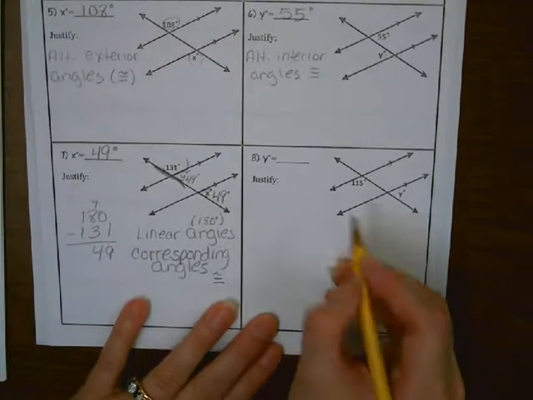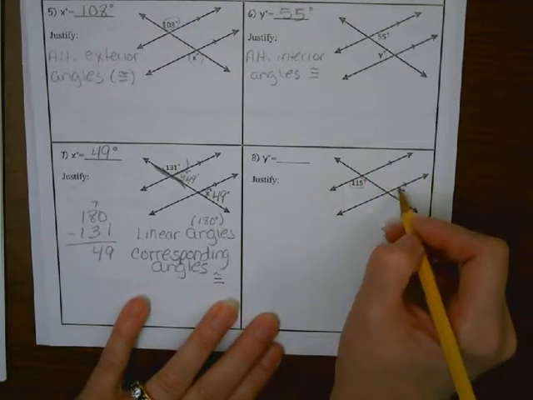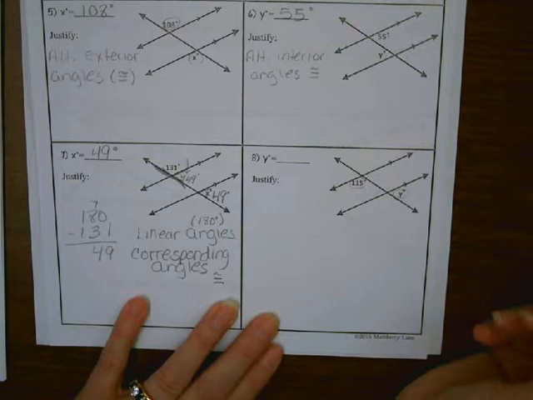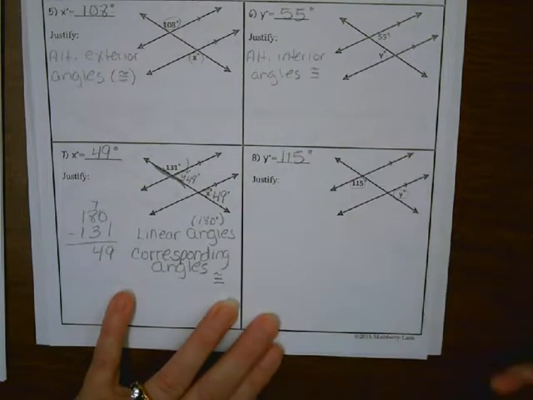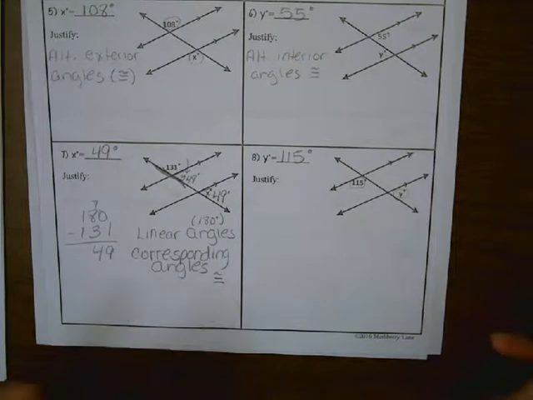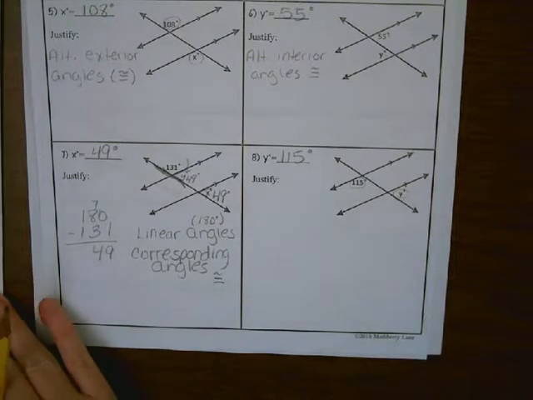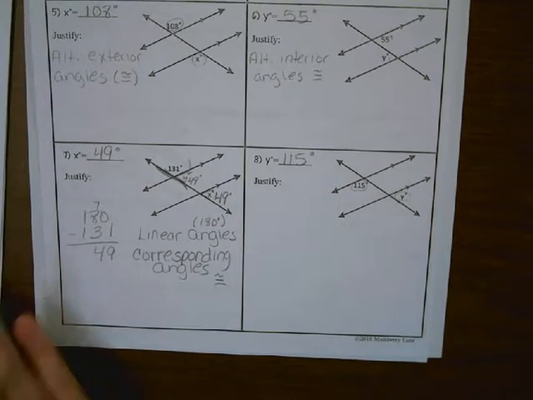All right. What do we have? We have 115 degrees because we have alternate. Don't know why. Didn't finish that one.